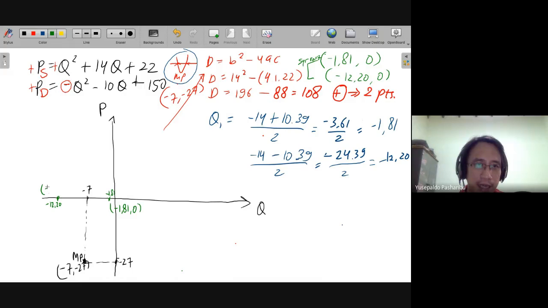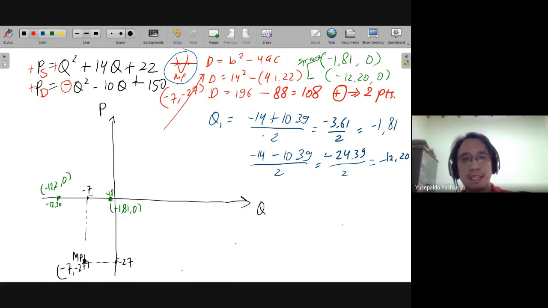This is minus 12.20, comma 0. The difference must be the same. And let's draw it.